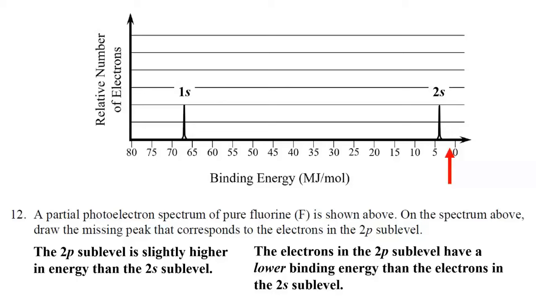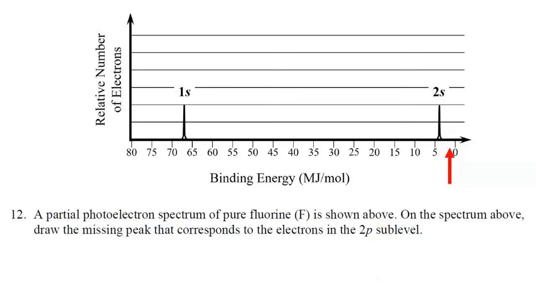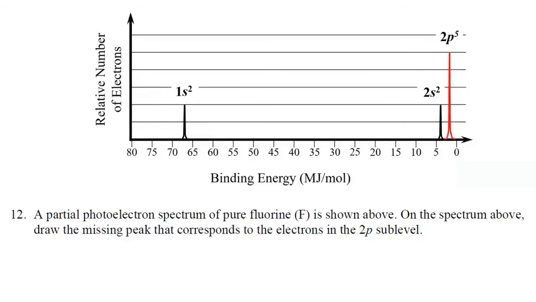How high the peak should be is determined by the number of electrons in that subshell. So we have 5 electrons in the 2p sublevel, so therefore we're going to make that peak go up to 5 notches on the diagram. So that red peak that I have drawn on the slide would be an acceptable response to this particular question.